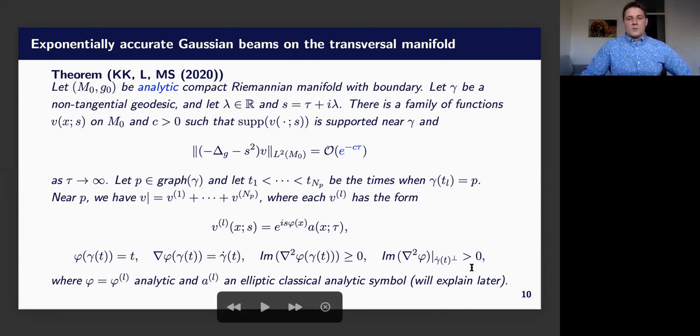This is the feature which gives the Gaussian decay away from the geodesic. Moreover, in this theorem, we proved that this phase function phi is actually analytic, and a_l is something called an elliptic classical analytic symbol. I will explain later what that means.